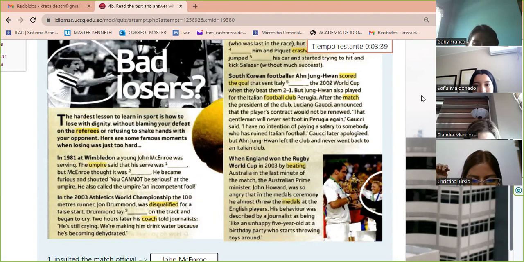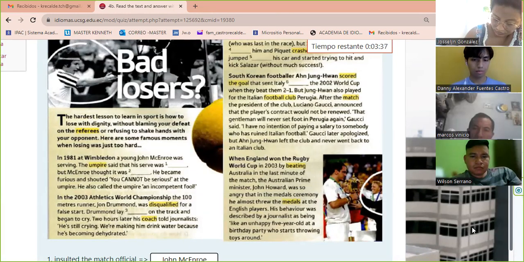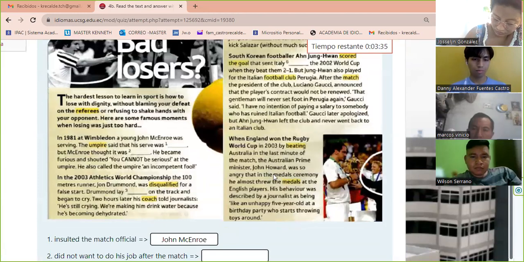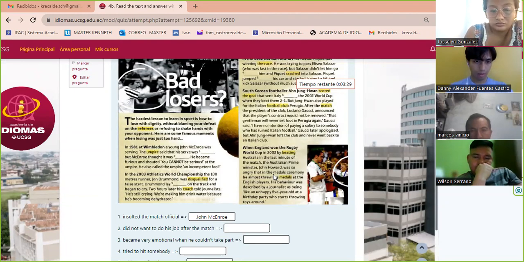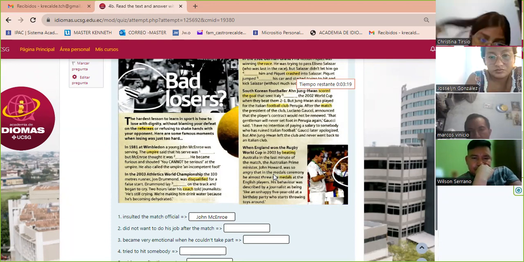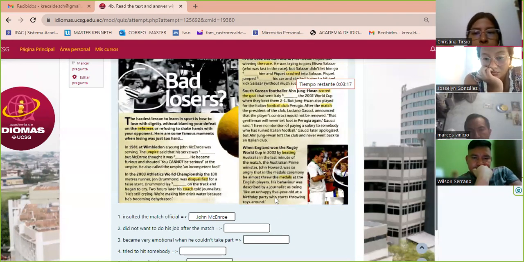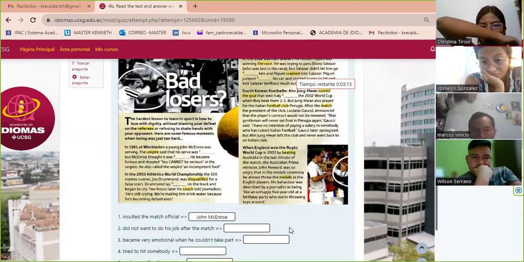When England won the Rugby World Cup in 2003, beating Australia in the last minute of the match, the Australian Prime Minister, John Howard, was so angry that in the medal ceremony, he almost threw the medals at the English players.